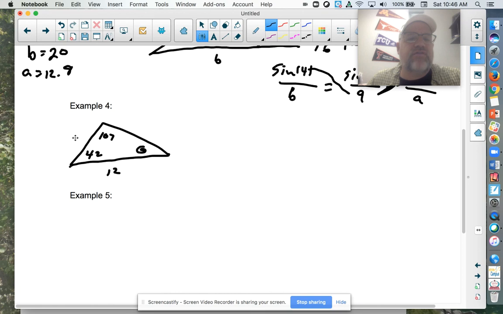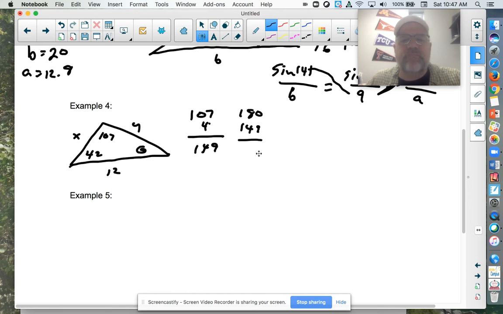Let's find this side here. Let's find this side here. So let's start with this angle. 107 plus 42. Subtract that from 180. So we now know that theta equals 31.